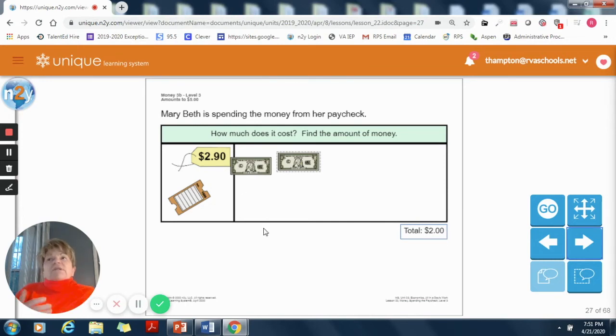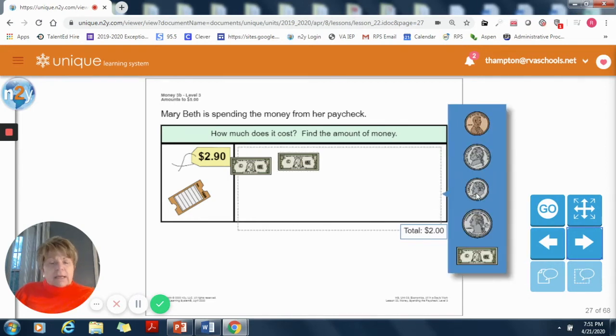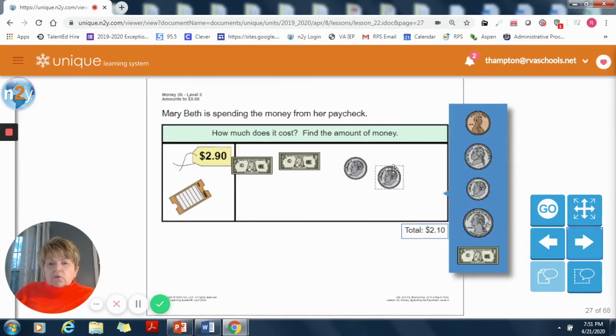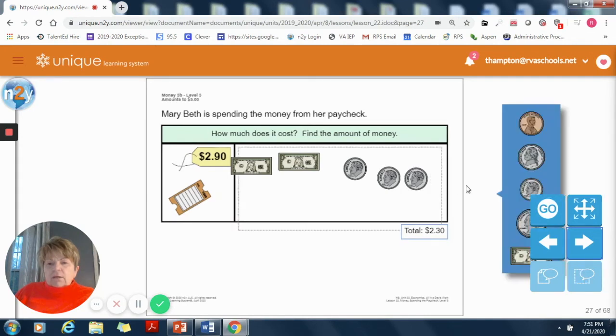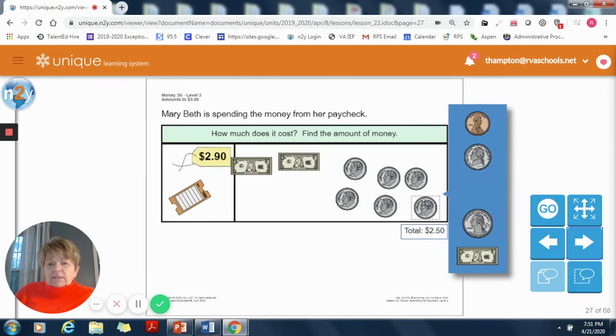So let's think of the different ways we can get to 90 cents, right? We could count by tens. We could go 10, 20, 30, count with me, 40, 50, 60.